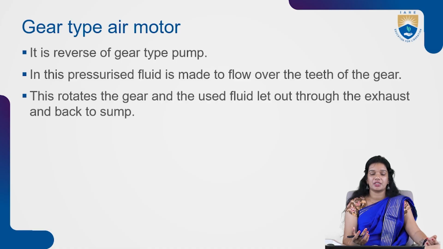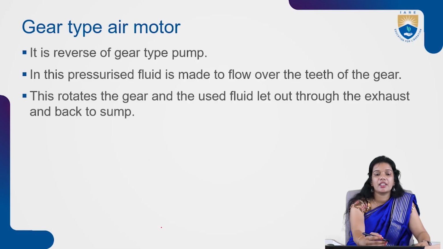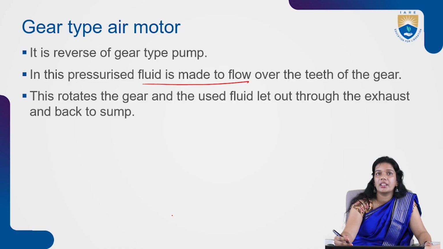Now we look into the gear type air motor. It is the reverse of the gear type pump. Whatever pump you see, this is exactly the reverse of that. In this, pressurized fluid is made to flow over the teeth of the gear.